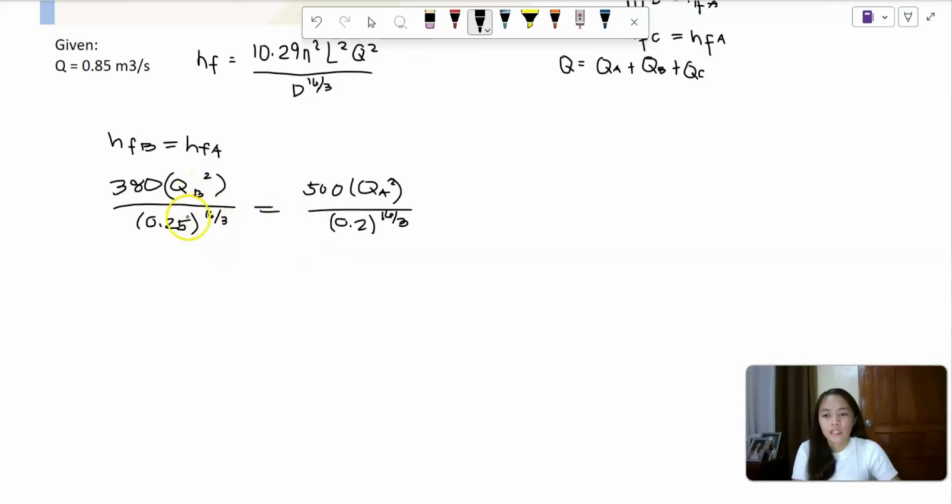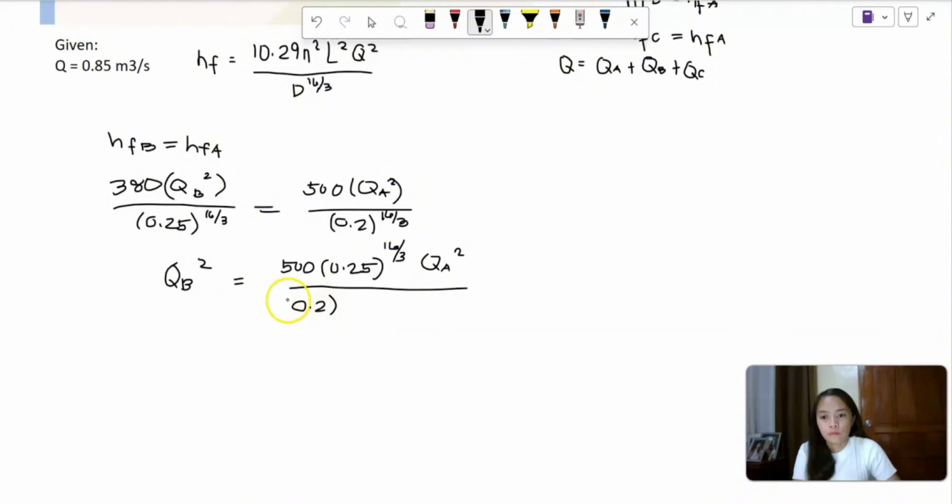So what remains here will only be Q sub B squared, since we will get Q sub B in terms of Q sub A. So Q sub B squared is equal to, we will cross multiply, 500 times 0.25 raised to 16 over 3, then Q sub A squared, all over 0.2 raised to 16 over 3, then 380.